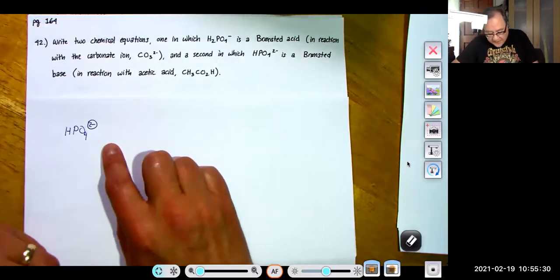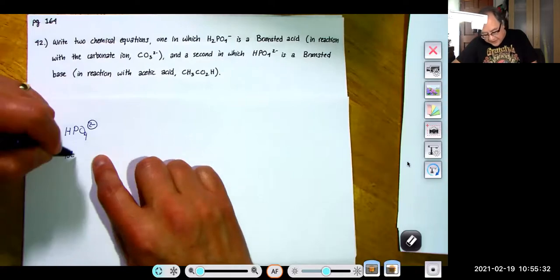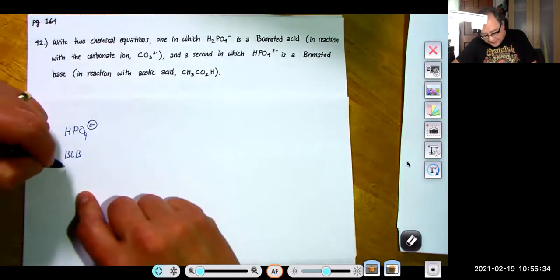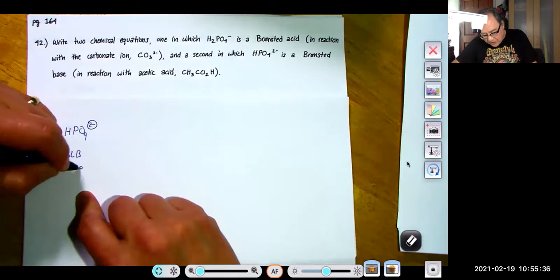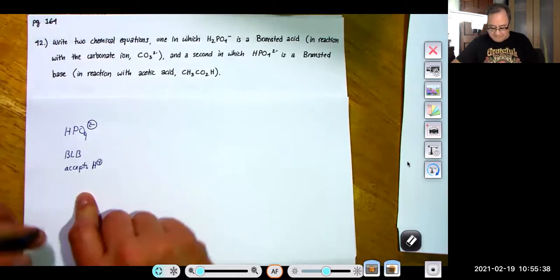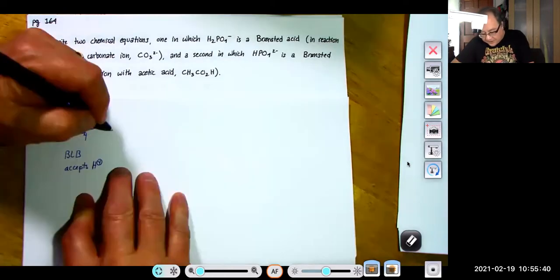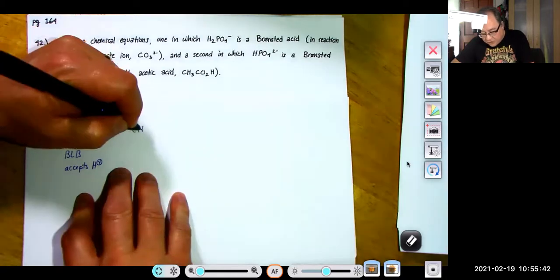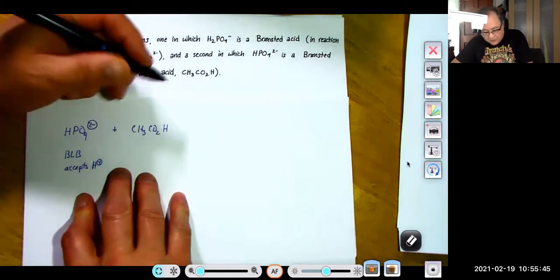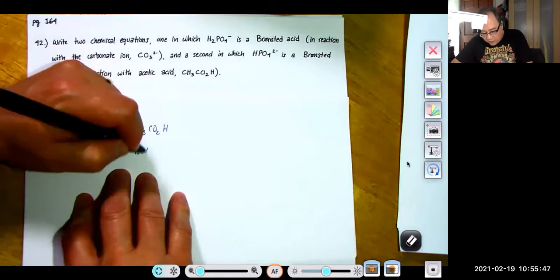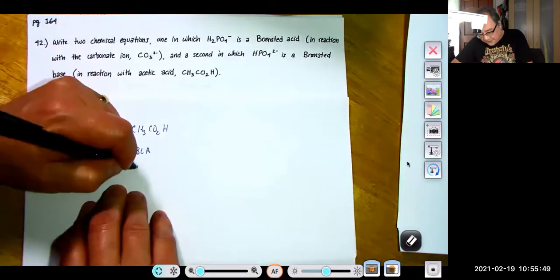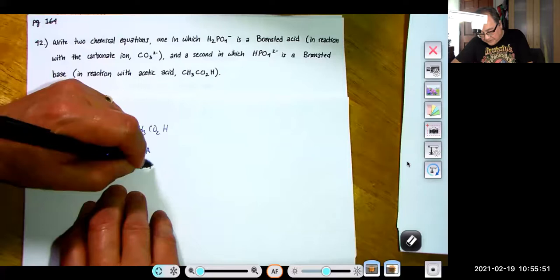So this is a BLB, which means it accepts a proton, right? And we're going to react it with this CH3CO2H, which is a Bronsted-Lowry acid, which donates a proton.